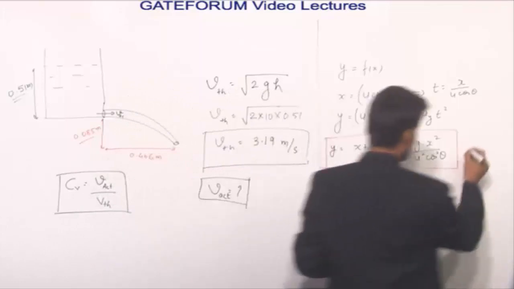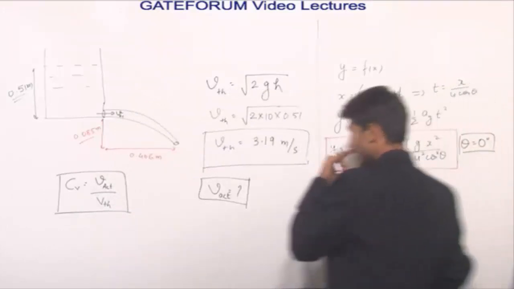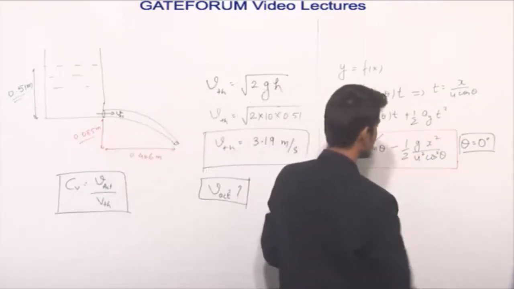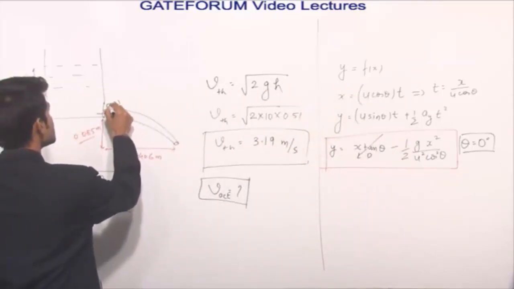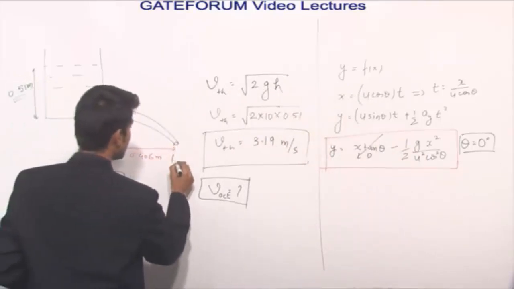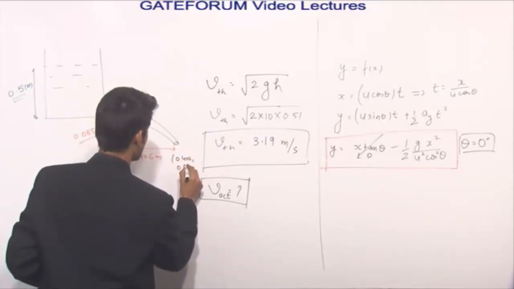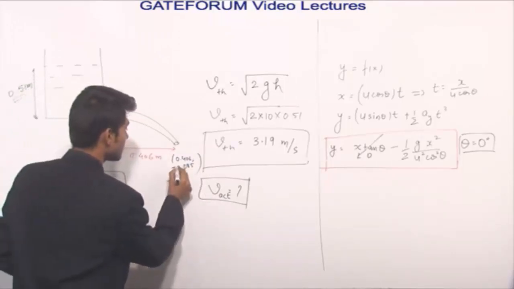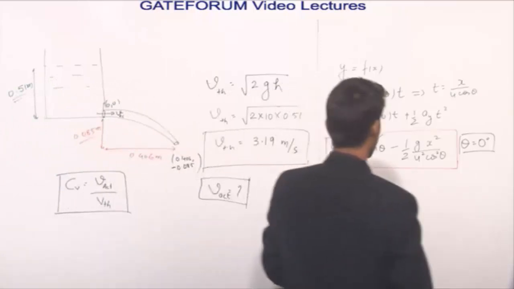Here theta is equal to 0. We are assuming that the jet is horizontal at the initial point, so this term will get cancelled, it will be 0. And y coordinates, if I assume this as the origin 0, 0, this point will be 0.406, 0.085. The y coordinate will be negative because it is below the origin.